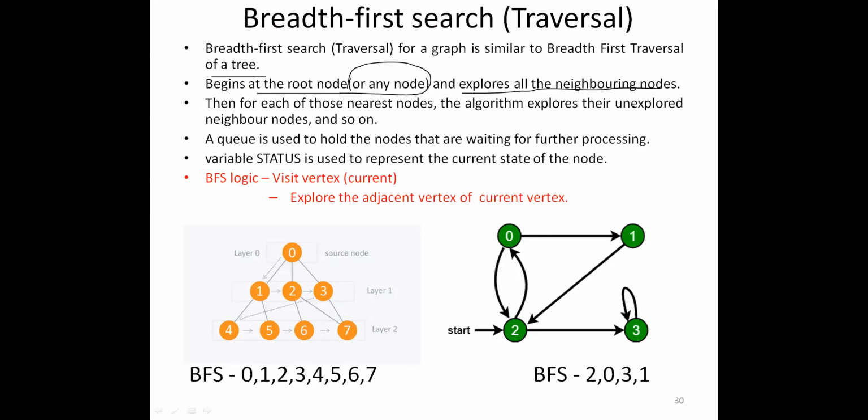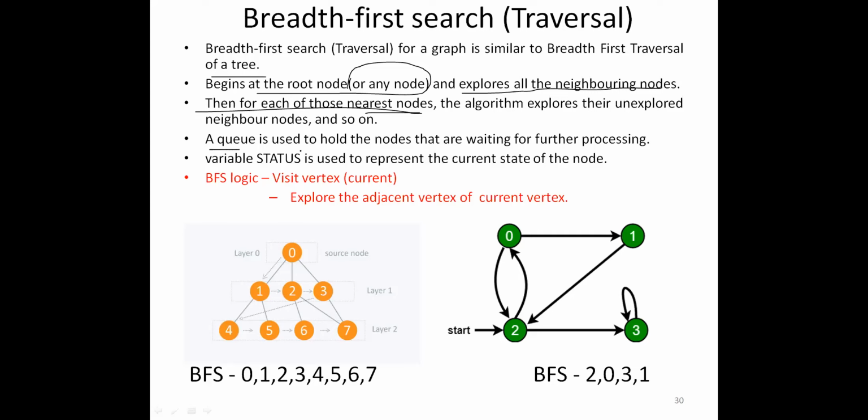When I take any node, I explore all other nodes connected to that node. Like that I keep traversing until I visit all the nodes in the graph. For each of those nodes, I explore all the nearest nodes.